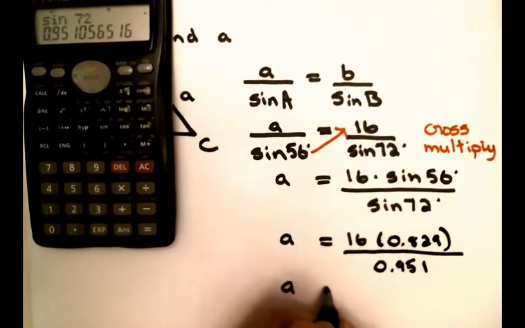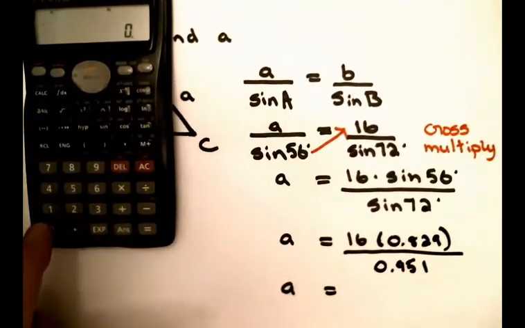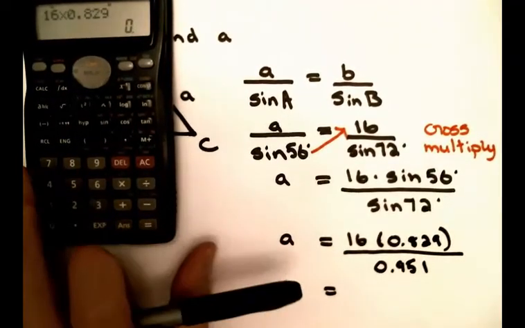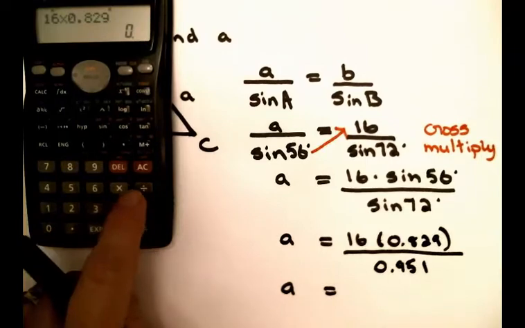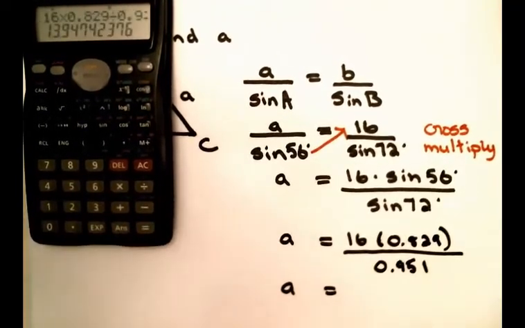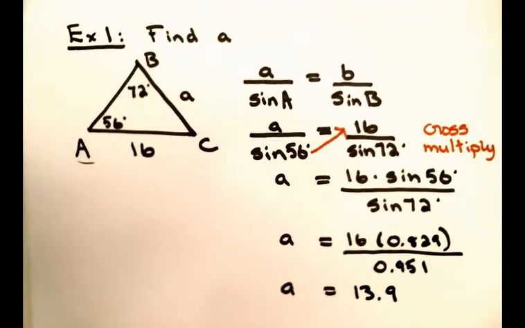Okay, this is a little longer, but it still works. So 16 times 0.829, and I'm just going to get that and divide it by 0.951. And I notice the same answer, 13.9. And you see we've solved the question here.